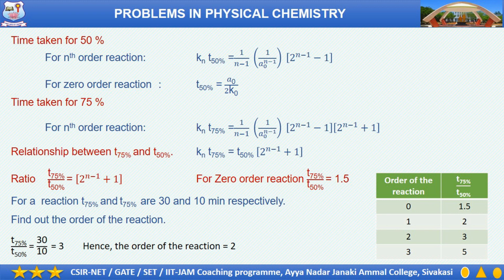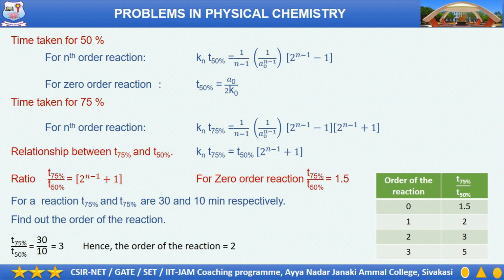Put n equal to 0 for zero order reaction. What would be the value? 3 by 2, which is 1.5, for zero order reaction. Therefore, sometimes the 75% and 50% conversion times would be given, and you may be asked which order this reaction follows. So input the ratio. If it is 1.5, you may immediately say it is zero order.